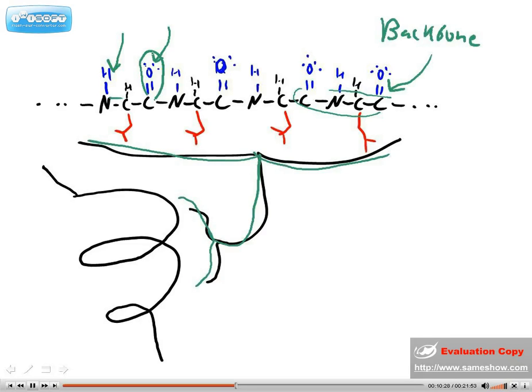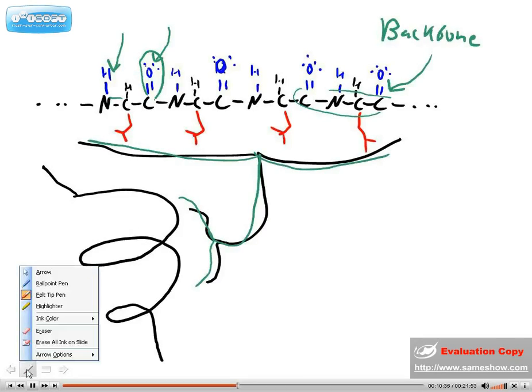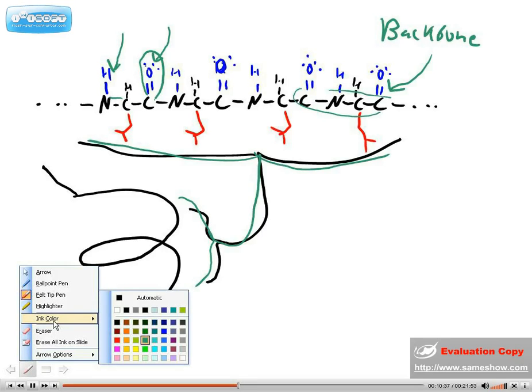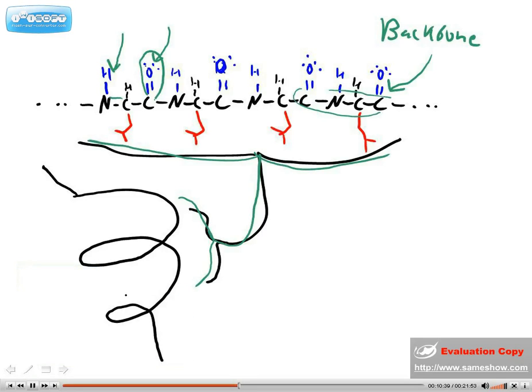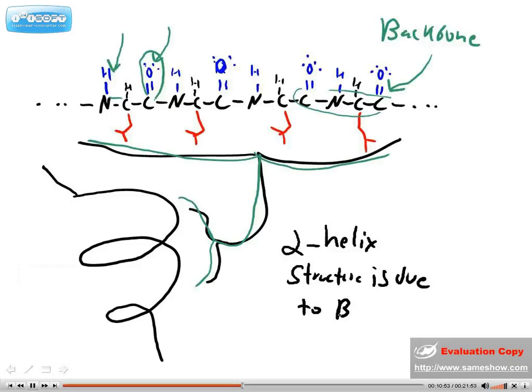It turns out that the alpha helix structure is maintained due to backbone hydrogen bonding.